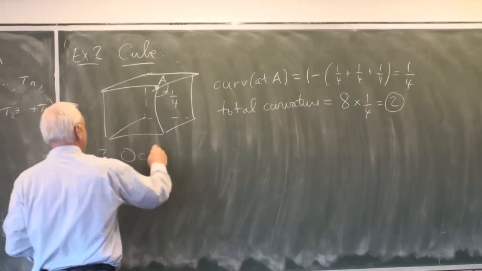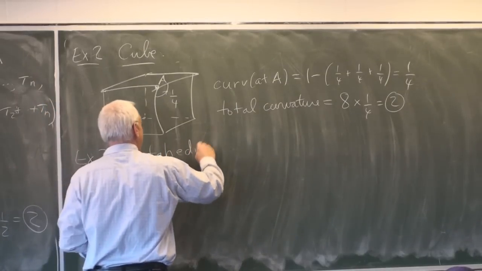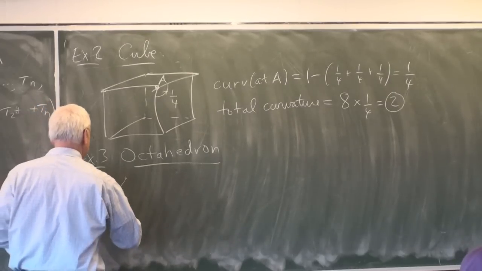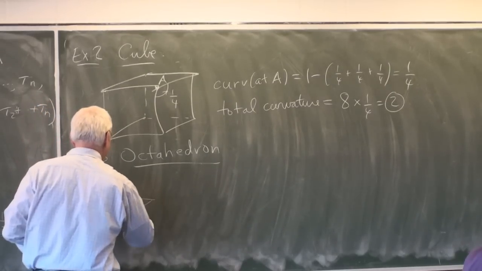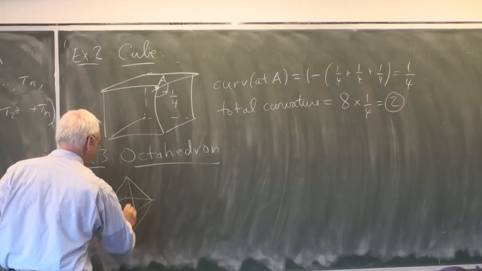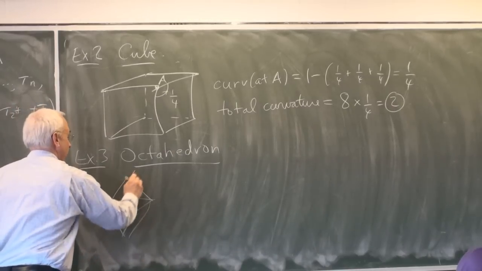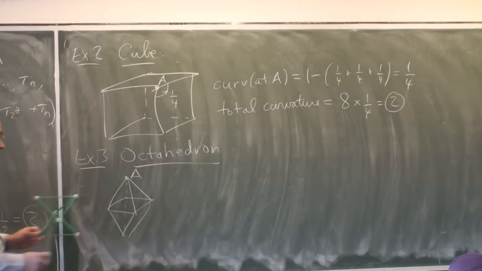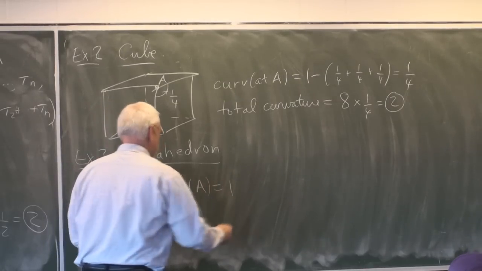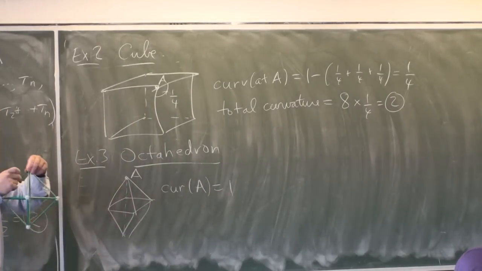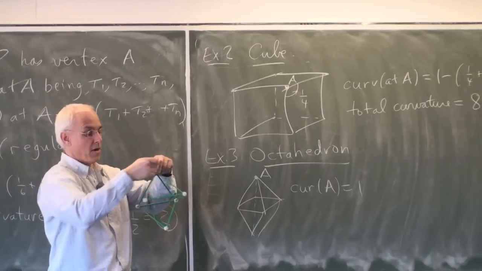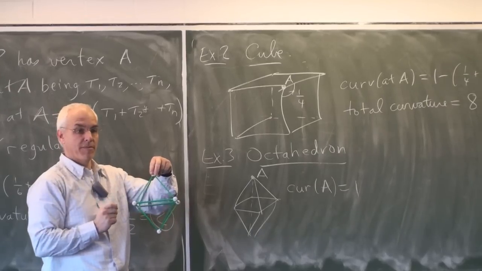Example 3, the octahedron. Choose a vertex A. Now the curvature at A is 1 minus a turn of 1/6, still because it's an equilateral triangle, but now there are 1, 2, 3, 4 of them.